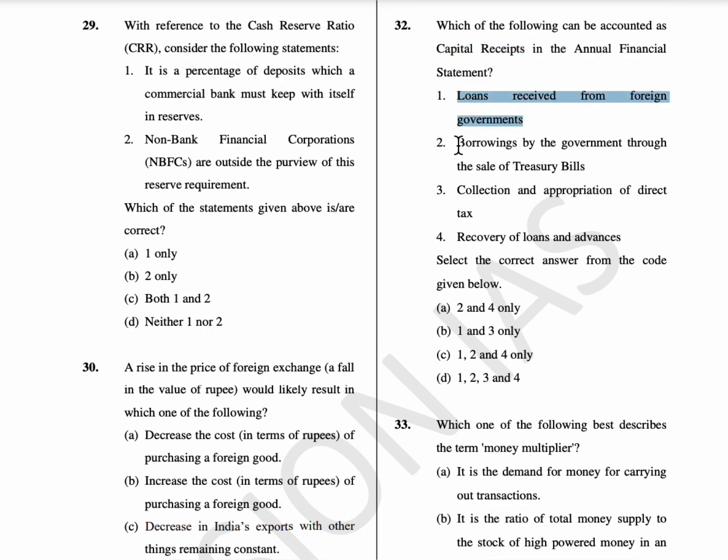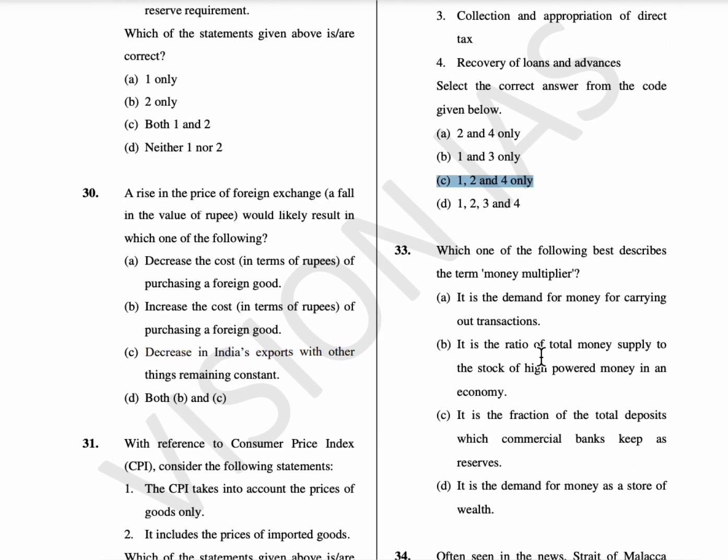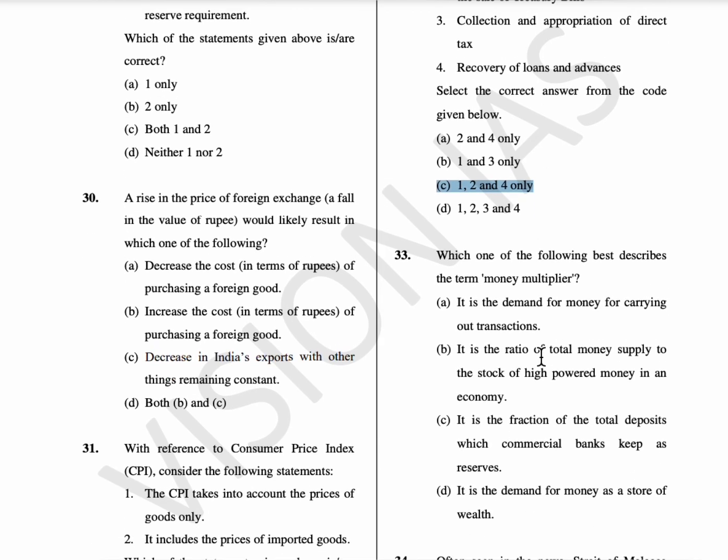Next, borrowings by the government through the sale of treasury bills. This also is included. Next is collection and appropriation of direct tax. This comes under revenue receipts, not capital receipts. Next is recovery of loans and advances. So 1, 2, 4, all these come under capital receipts. So option C.